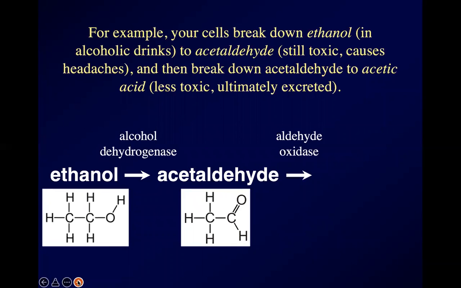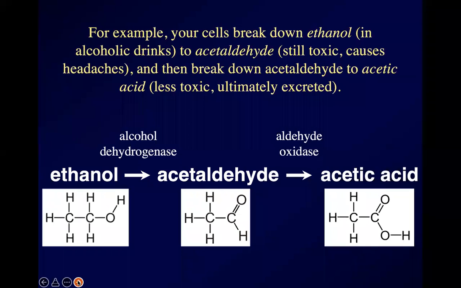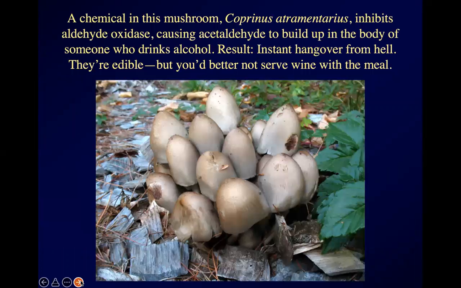So a second enzyme called aldehyde oxidase converts acetaldehyde into acetic acid, which again is the active ingredient in vinegar, and which is not particularly bad for you and which your body can just dispose of. So there's a 2-step process for detoxifying alcohol, and your liver cells do this all the time. Hopefully they don't do it too often. Please drink responsibly and in moderation.